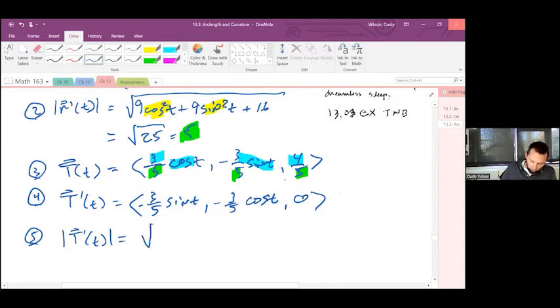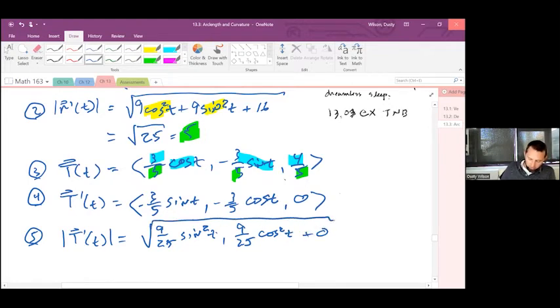This will be the square root of 9/25 sine squared t plus 9/25 cosine squared t, plus 0, all under the radical.